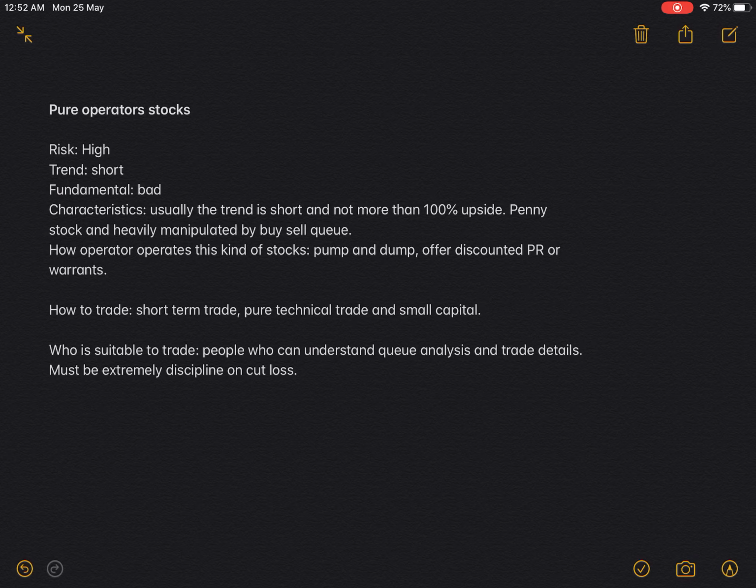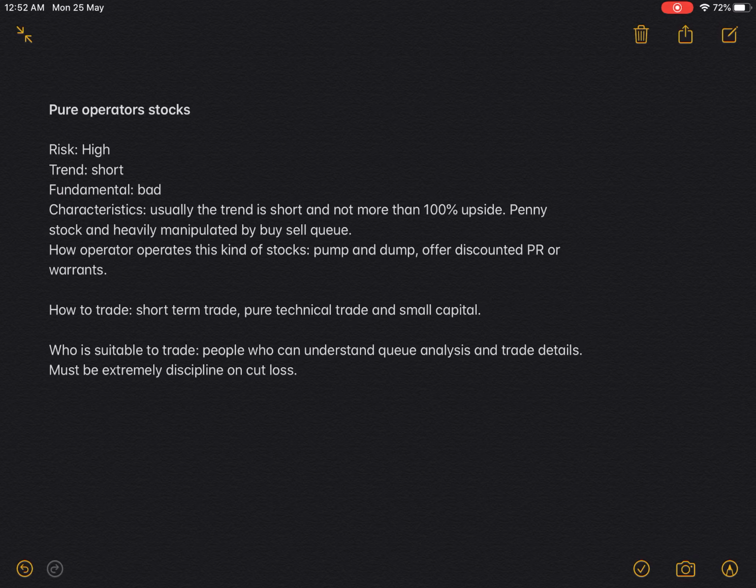And some of the people will say, "Wow, this is discounted warrants or discounted PR. I will buy and convert to mother share and sell." Okay, these are one of the classic tricks that a lot of operators use in the Malaysian market.